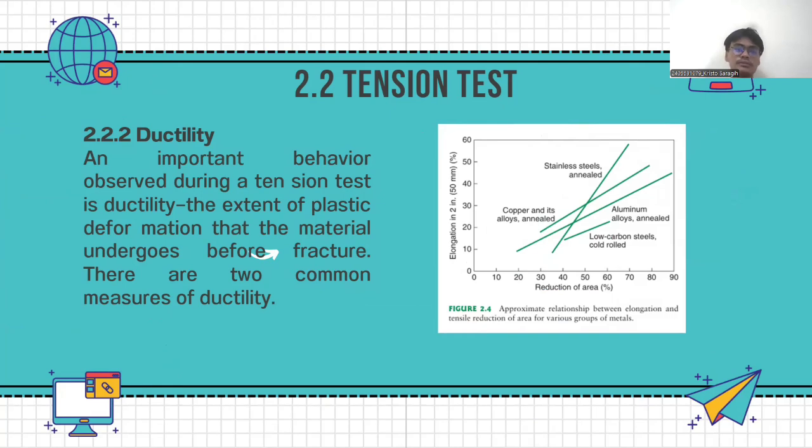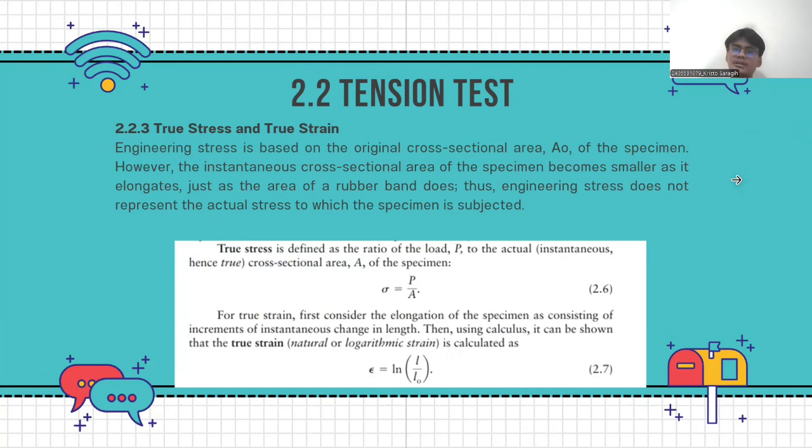Ductility. An important behavior observed during a tension test is ductility, the extent of plastic deformation that a material undergoes before fracture. There are two common measures of stress: engineering stress and true stress. Engineering stress is based on the original cross-sectional area A0 of the specimen.